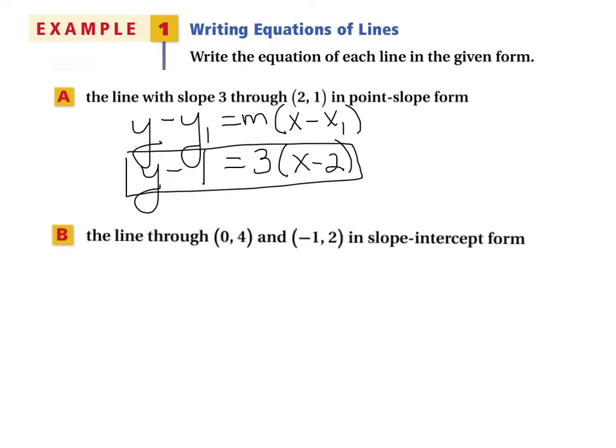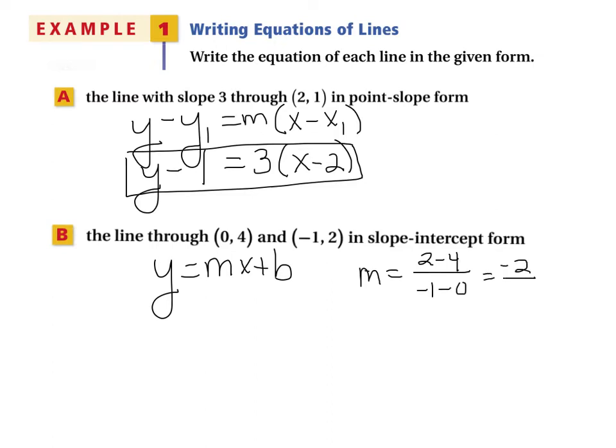Example B is we want to write an equation of the line that goes through points (0, 4) and (negative 1, 2) in slope-intercept form. So y equals mx plus b. The first thing we have to do is find the slope. Well, the slope is subtracting our y's, so I'm going to do 2 minus 4, and subtracting our x's, negative 1 minus 0.